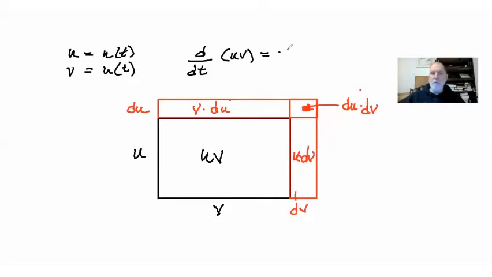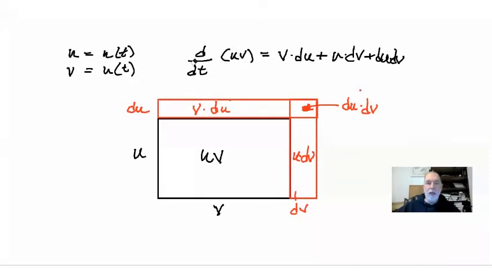So we'll sum them up: v du plus u dv plus du dv. This is what we have here: d of uv, the infinitesimal change in the area of this whole rectangle.